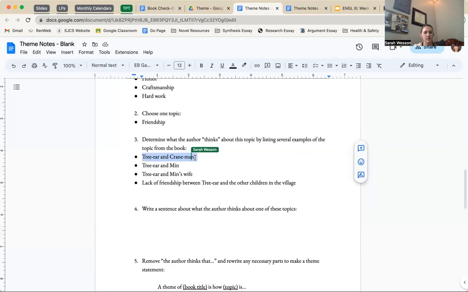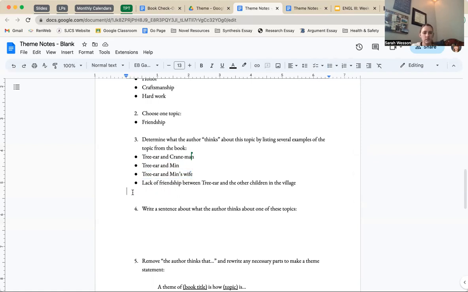Crane Man helps him survive and teaches him wisdom, right? Min also helps him survive, gives him a sense of purpose, and helps him eventually fulfill his dream of becoming a potter. Min's wife physically provides for Tree Ear and gives him a sense of home. So these friendships are all really good.